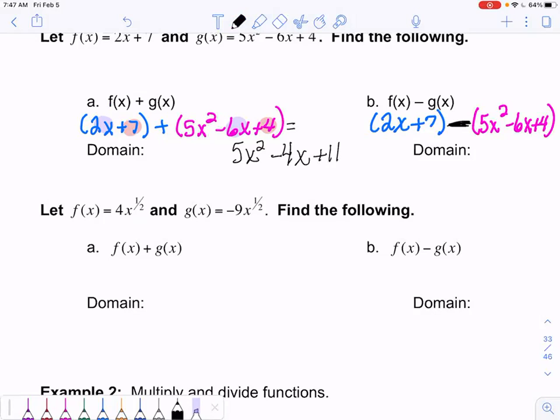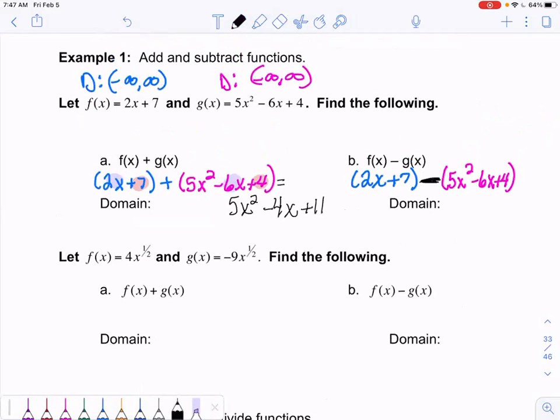So that would be our function when you're adding f of x and g of x together. So the domain, my original two domains were negative infinity to positive infinity. Both of them had the same domain. That means the domain of my new function is still negative infinity to positive infinity. The domains are the same. It's not going to change just because you added them together.